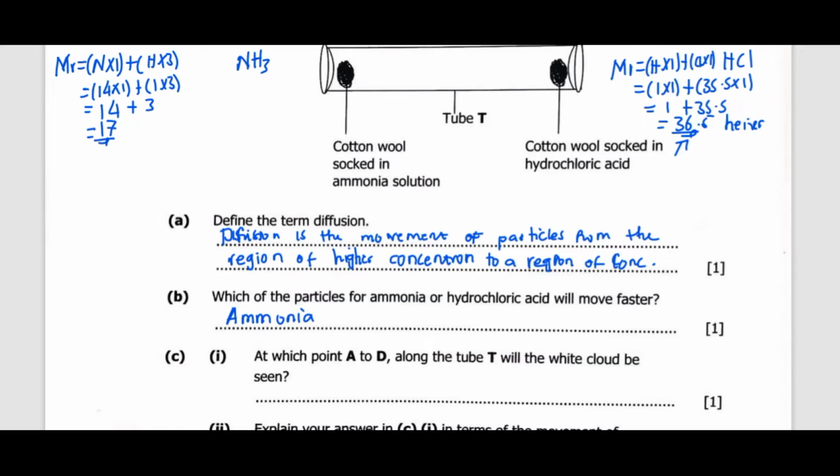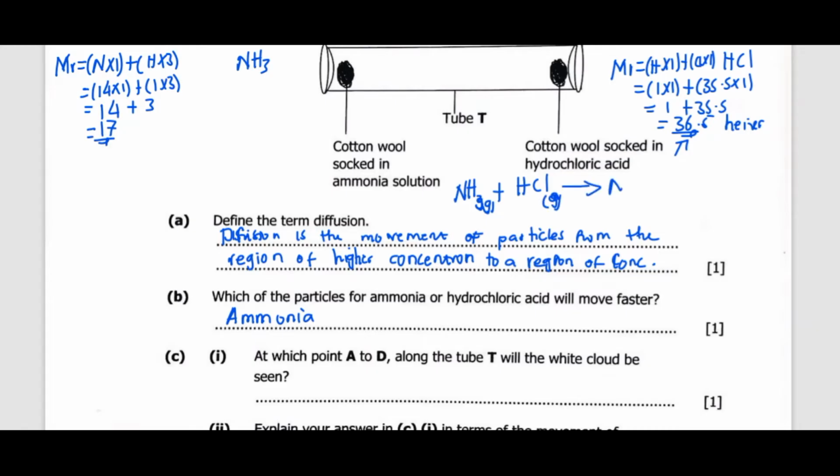Then let's look at C1. Okay, so we have: at which point, A to D, along the tube will the white cloud be seen? So if we are to react, the equation is like this. We have ammonia, a gas, NH3, plus HCl, which is also a gas.